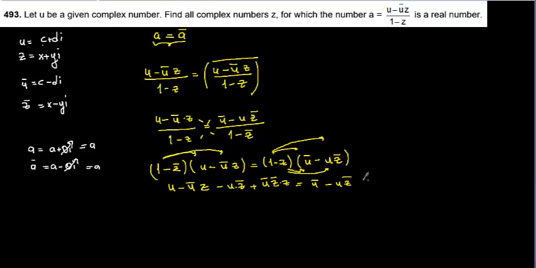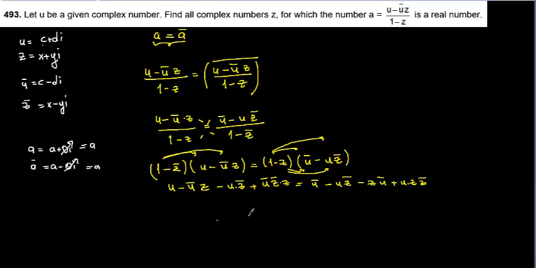Minus Z times U conjugate is equal to minus Z U conjugate. And Z times minus U Z conjugate is equal to plus U Z conjugate Z, it's going to be.